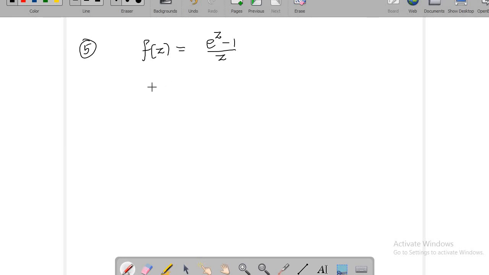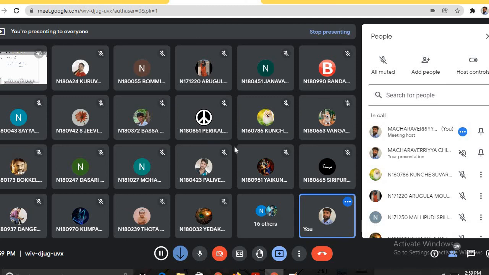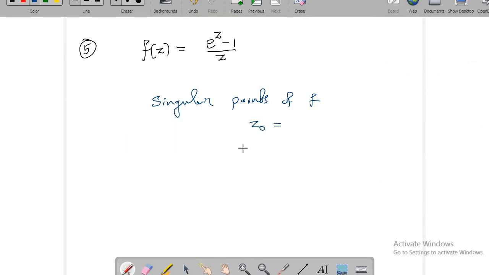So find the singularities of this function and classify them. First of all, tell me what are the singular points of f? Zero. Yeah, correct. z equal to 0 is a singular point.